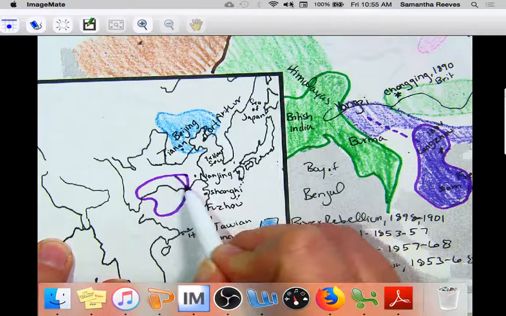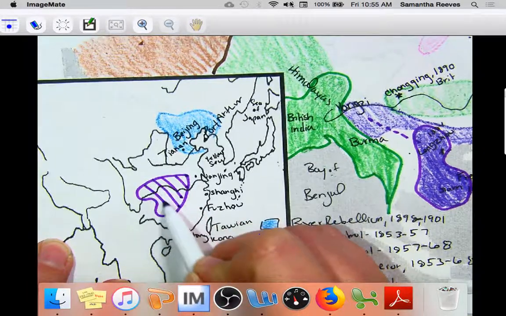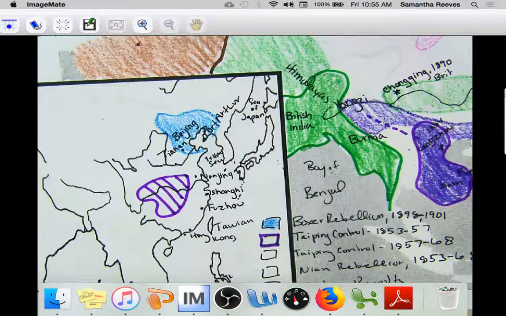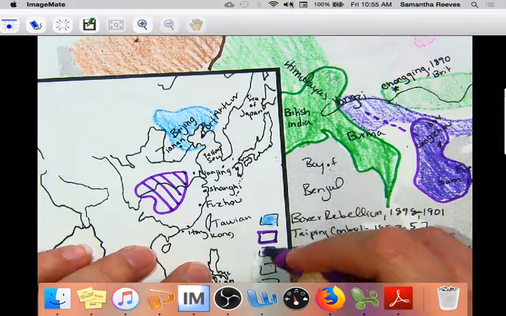So your Taiping for me is right here. This is where Europeans just take over power. Then we have another bout of it, which for me is going to be colored purple.